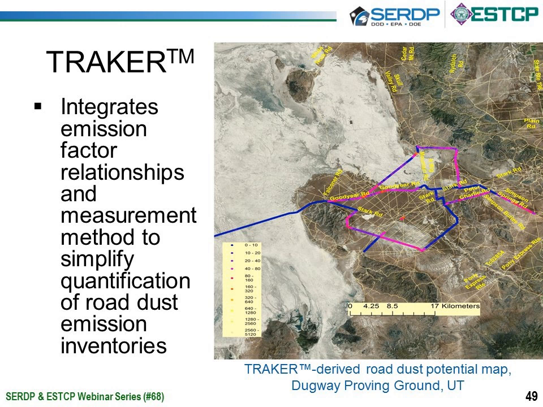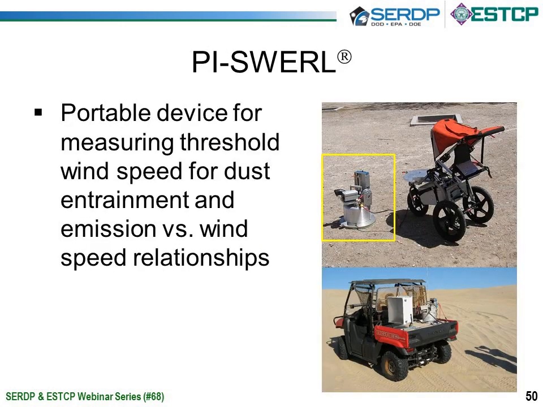Larry introduced the PI-SWERL in his presentation. I'll go into it a bit here on slide 50. You're looking at a picture of the PI-SWERL sitting on a surface that's being tested for emissions, developing a dust emission relationship between the wind speed and the PM10 that's released from that surface. It travels around and can be carried on the little carriage there, but it can also be modified to drive on other vehicles.